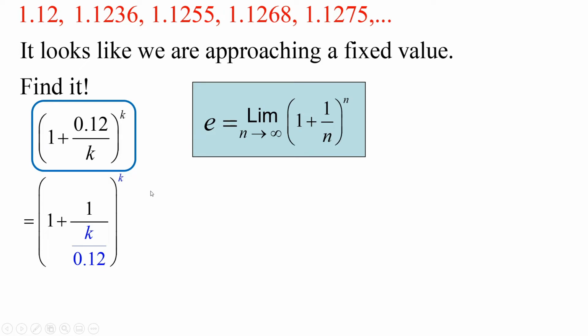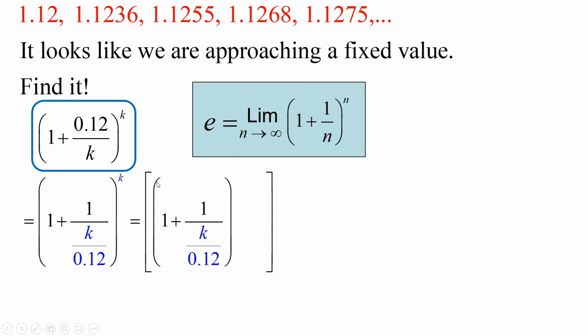So could I use laws of exponents to make that happen? Let's see. Well, what if I said, let's take that k and divide it by 0.12. Now, again, I can't just do that because it fits my formula. I now have to undo that. So if I divided that k by 0.12 within the brackets here, I'm using my power of a power, and I'm going to then take that entire expression to the 0.12 power.